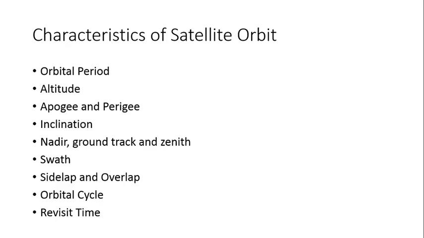Nadir is the point on the surface of Earth on the radial line between the center of Earth and the satellite, but nadir changes every time. Any point just opposite to nadir, above the satellite, is called zenith.